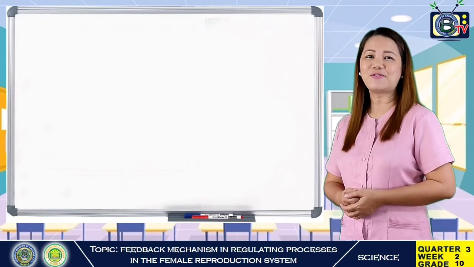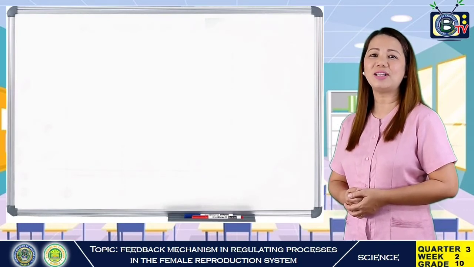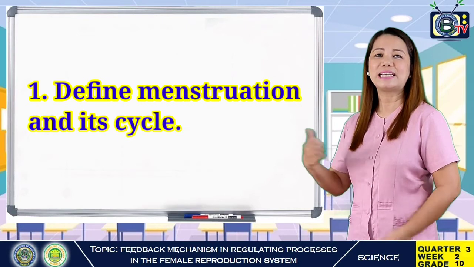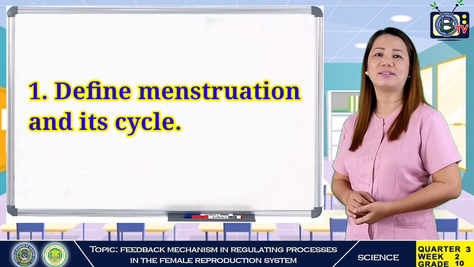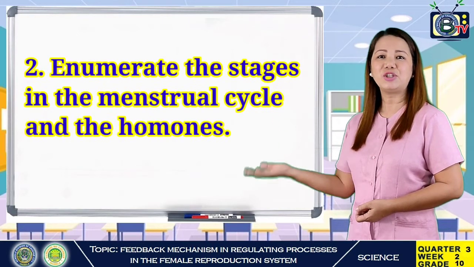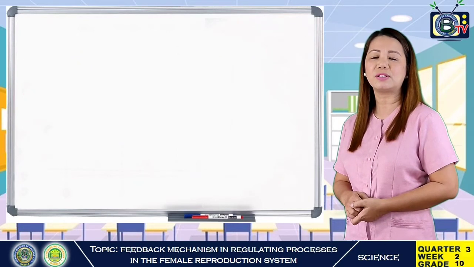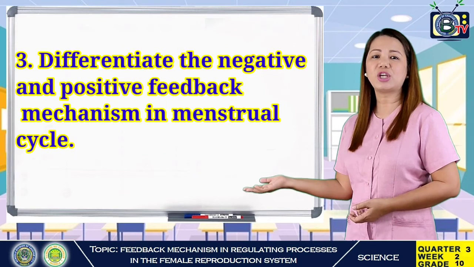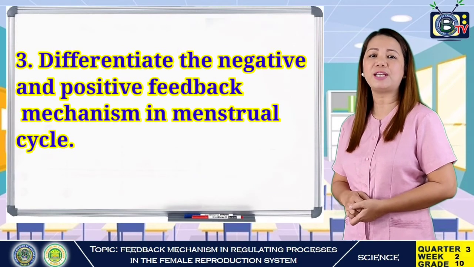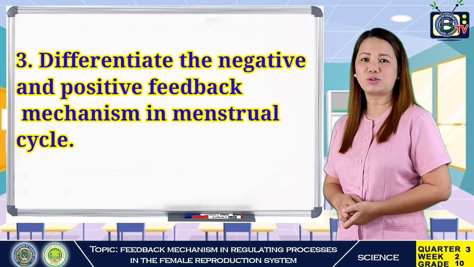By the end of this video lesson, you are all expected to define menstruation and its cycle, enumerate the stages in the menstrual cycle and the hormones, and differentiate the negative and positive feedback mechanism in menstrual cycle.